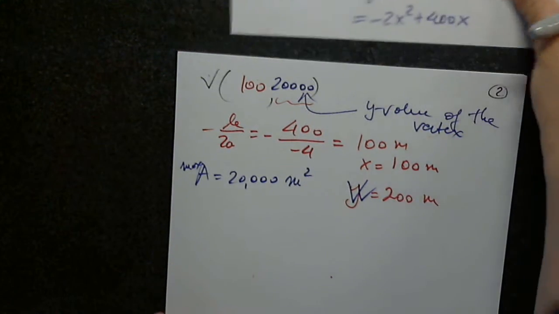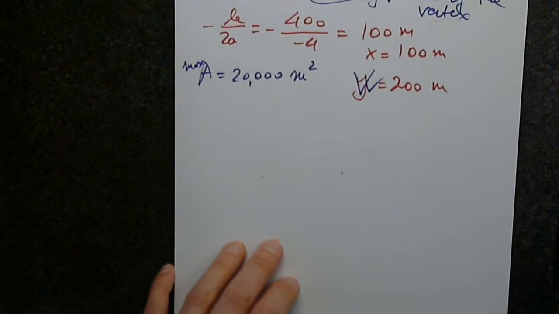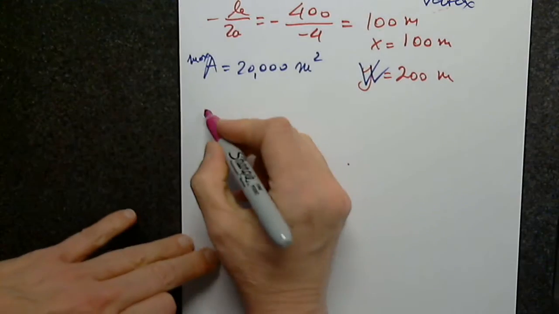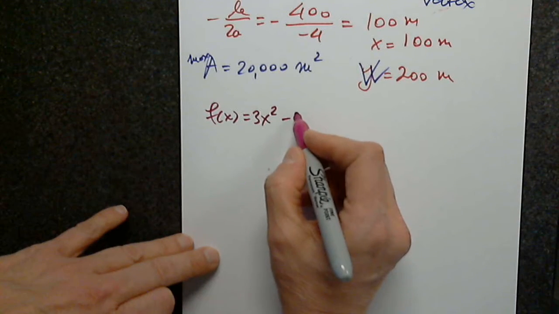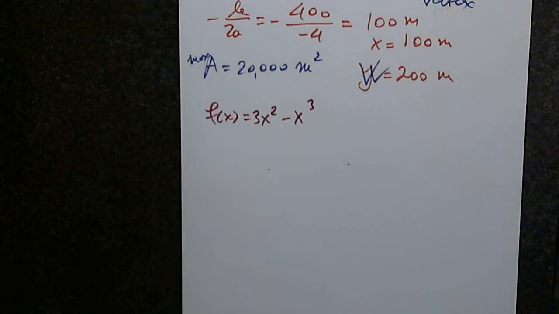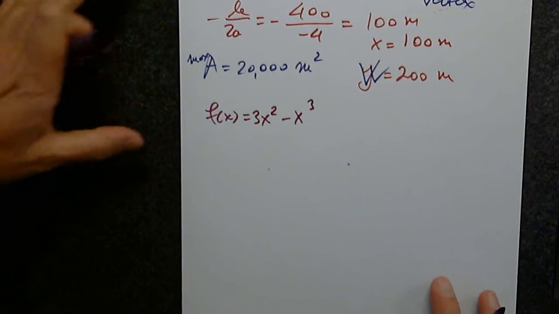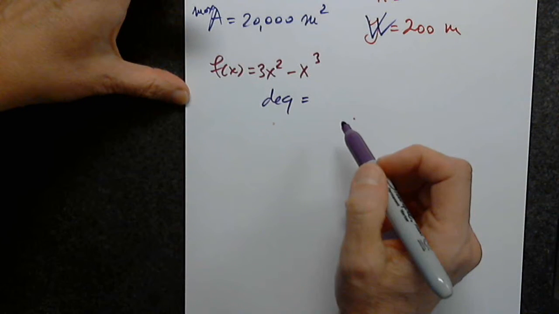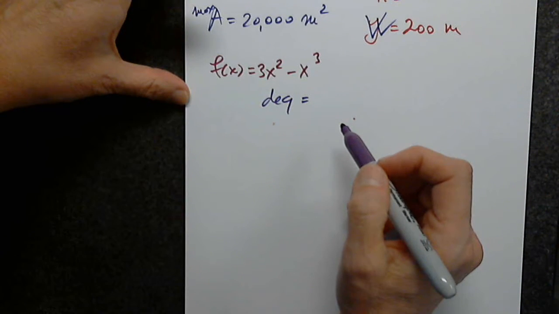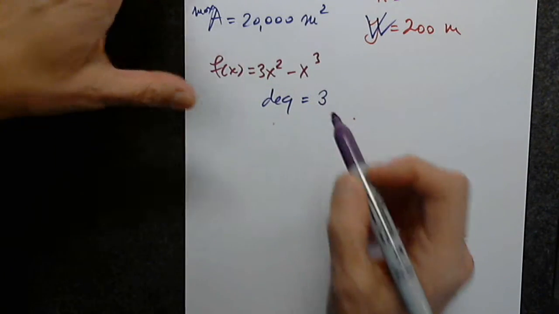Okay, so can anyone refresh our memory? What was that function? Or I can go back and find it. It's f of x equals 3x squared minus x to the third. Very good. So this is a polynomial function, and the degree is? It's 3. Very good.